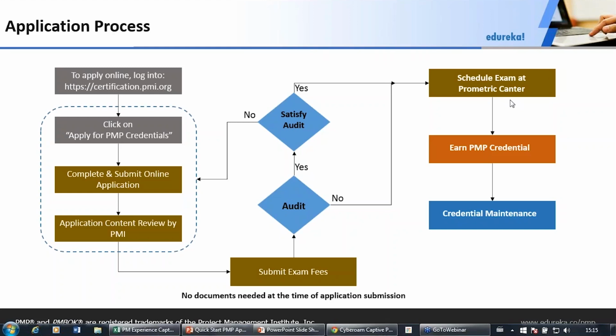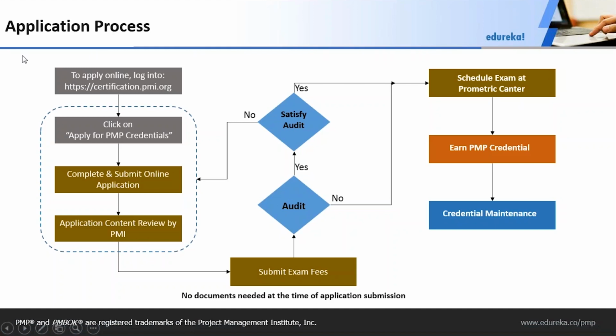In case your application was not picked up for audit, then after your payment is accepted, you are straight away going to get an email from PMI saying that your application is accepted, your payment is accepted. Now go ahead and book the examination and start preparing for that.